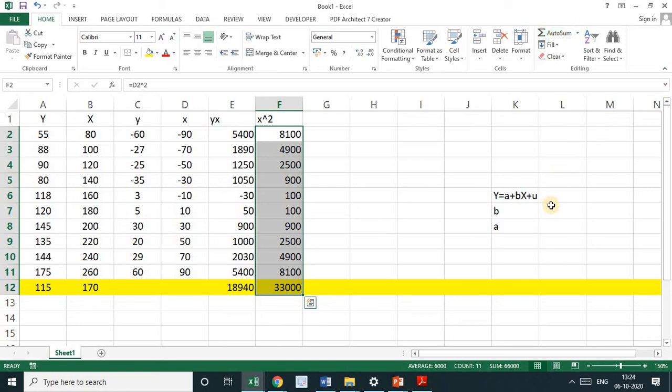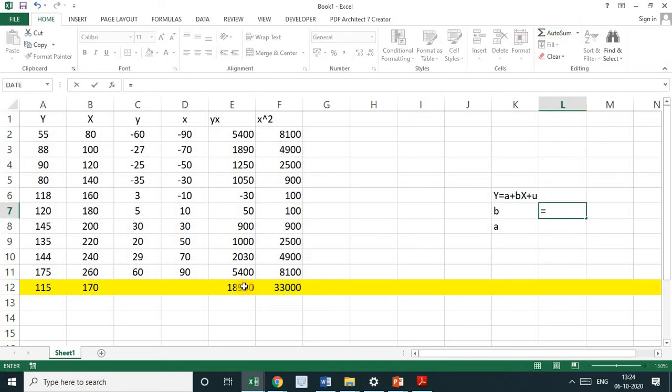Then the value of B is sigma yx divided by sigma x square, which is 0.573, and A is equal to Y bar minus beta cap into X bar, which is 17.4303.